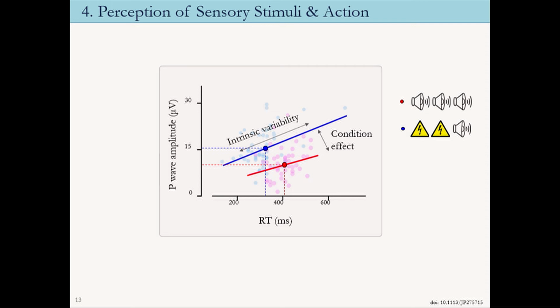And when my stimulus is presented within a different context, I have a reaction time of 350 milliseconds and I have a bigger P wave, so 15. So if we see the direction between the 2 highlighted dots, it is in the direction that, yeah, when I have a bigger EEG response, I do become faster.